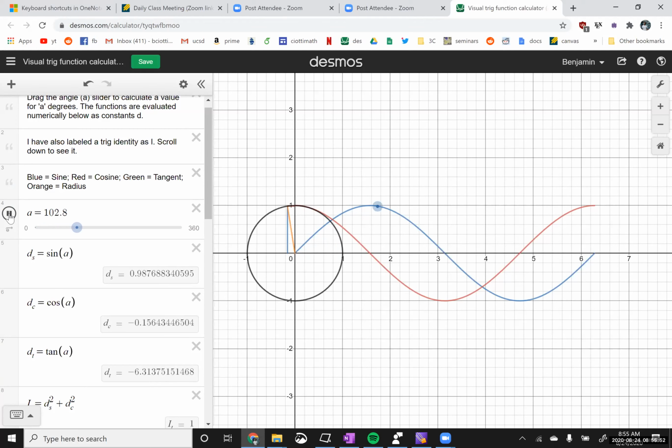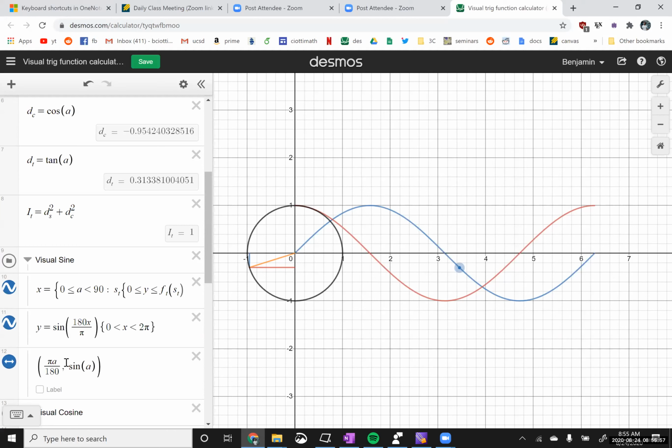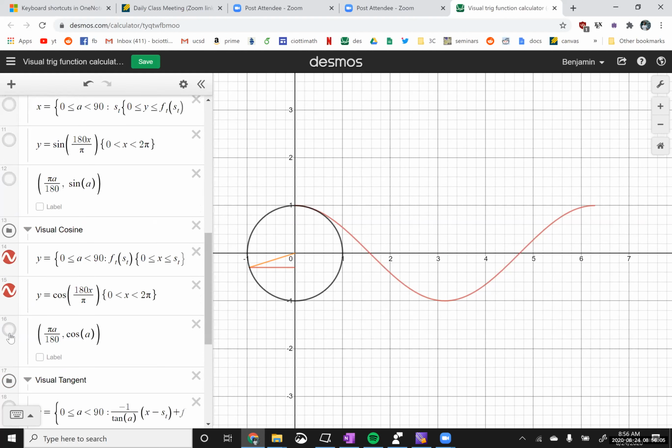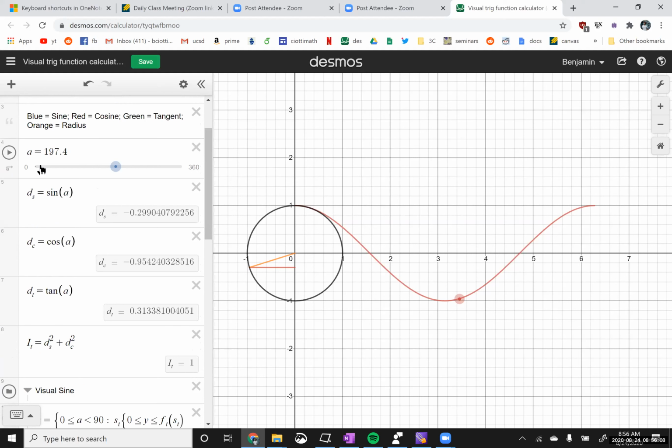And as we move around the unit circle, let's turn off the sine for the moment. Turn on the cosine. There we go. As we move around the unit circle, the x values are now negative, and after making a full 2 pi rotation, the x value ends back up at 1 where it started. So that is your cosine graph.